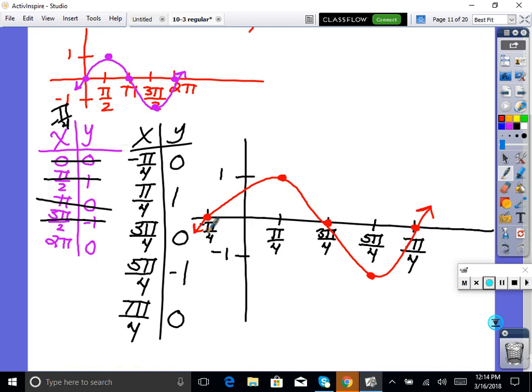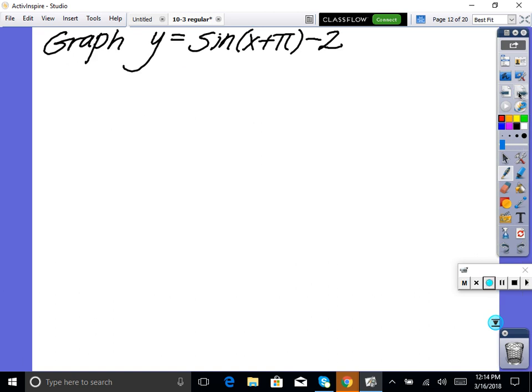Let's do now both shifts. Both shifts, yes. Okay, here we go. Now we're getting to where there are going to be 2 shifts. Let's go pretty quick here. So let's list out our amplitude again. Amplitude is 1, period is 2 pi over b, which is 2 pi over 1.